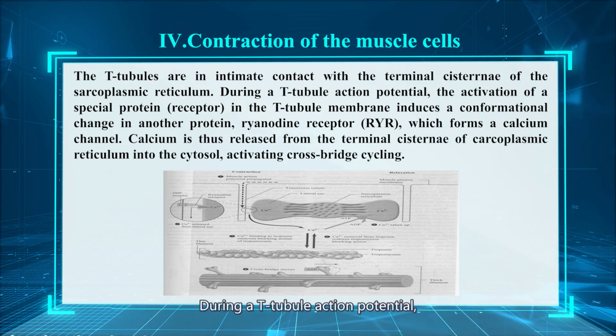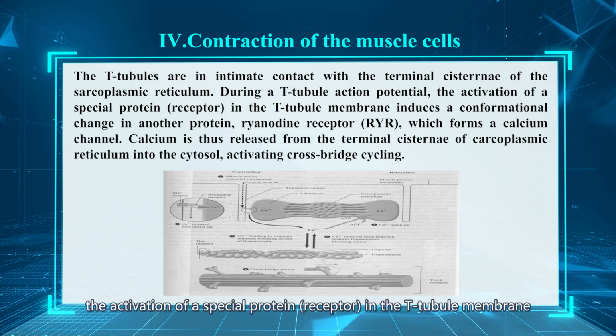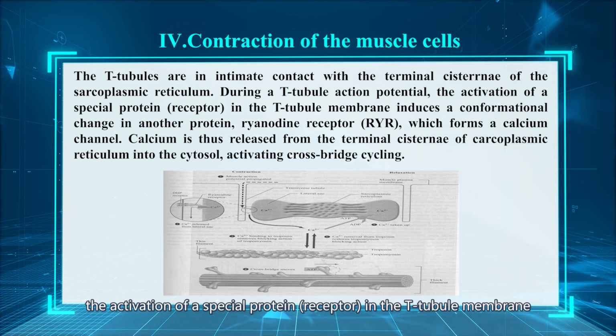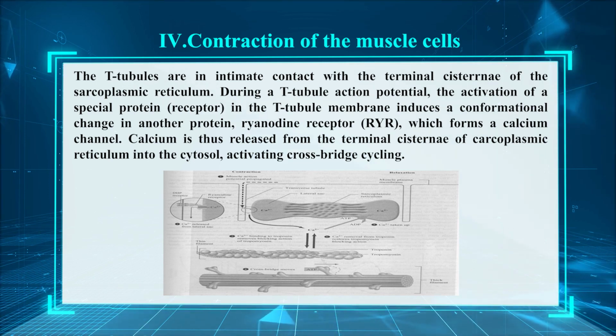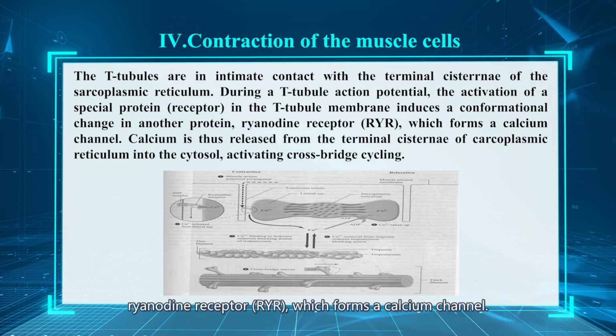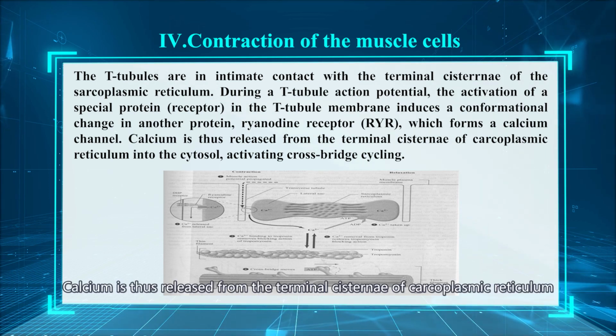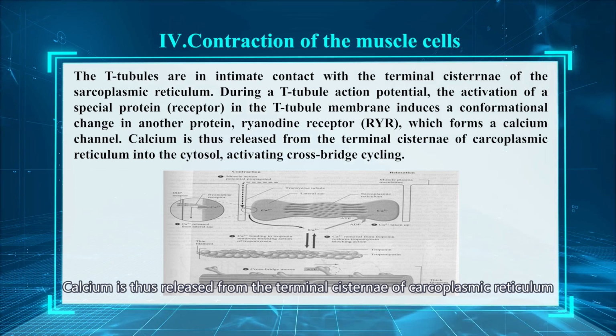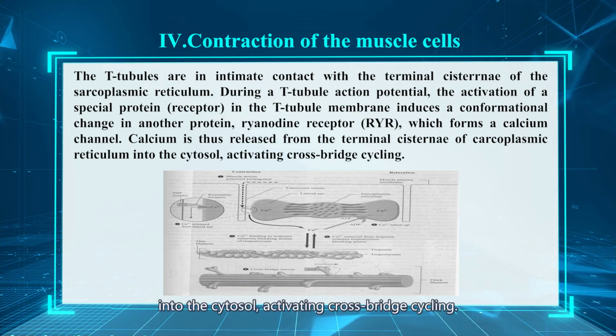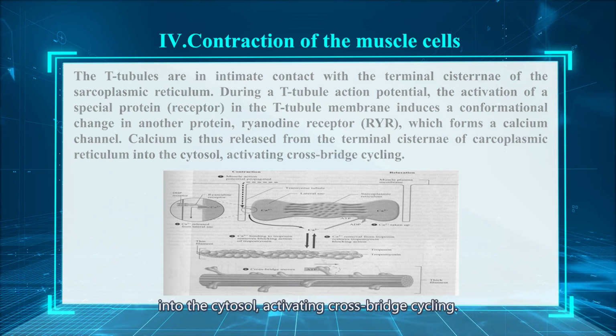During a T-tubule action potential, the activation of a special protein in the T-tubule membrane induces a conformational change in another protein, the ryanodine receptor, which forms a calcium channel. Calcium is thus released from the terminal cisternae of the sarcoplasmic reticulum into the cytosol, activating cross-bridge cycling.